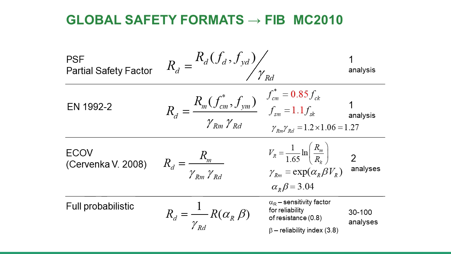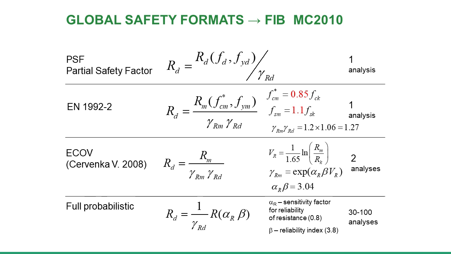So for concrete, for instance, 1.5, for steel, 1.15. And in this nonlinear analysis, we can directly assume it is like an estimate of the design strength.